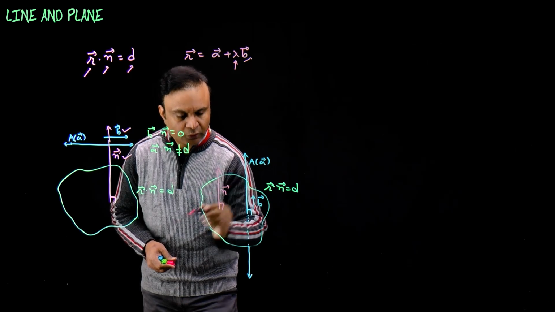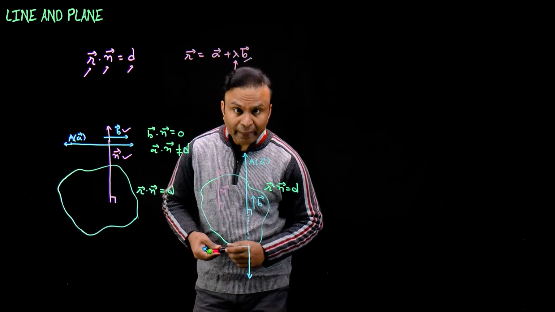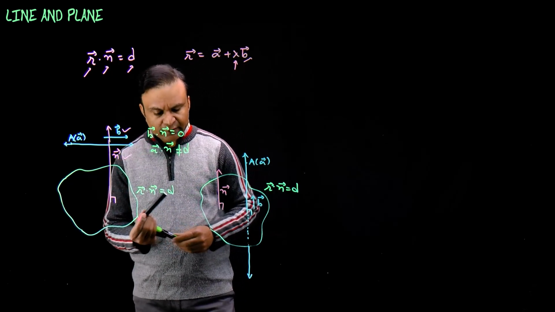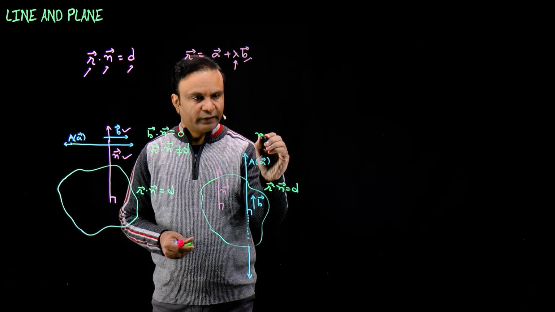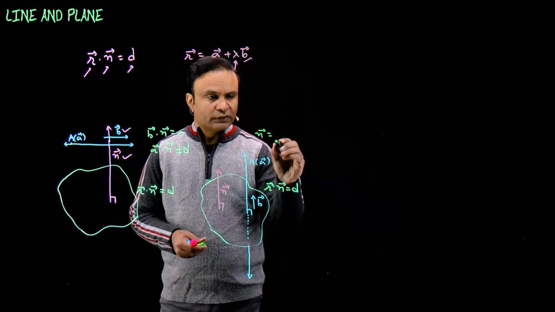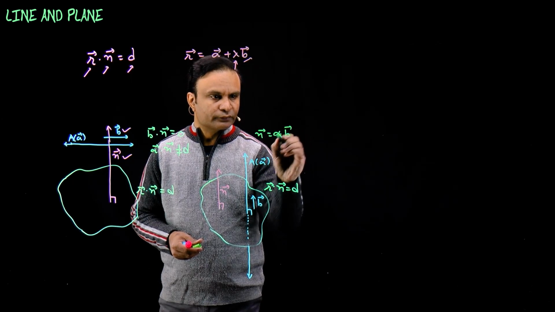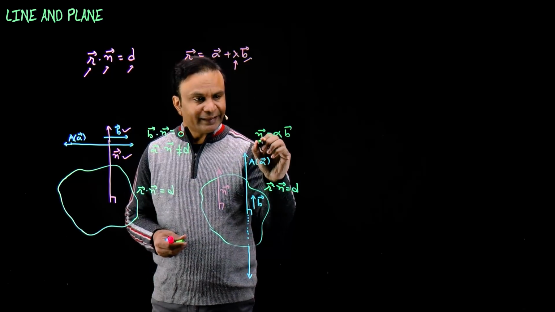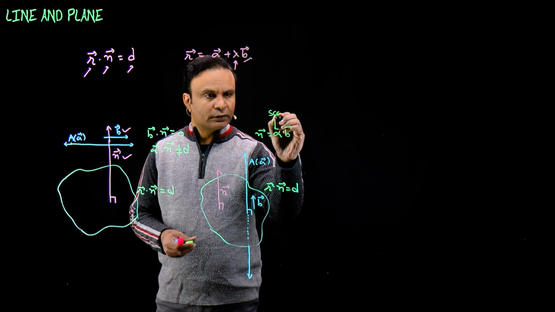Okay, now here we can see that this vector n and b are parallel. For that, the condition you can write this way: vector n is equal to some constant alpha times b. Because these two vectors are parallel, so we can write n is equal to alpha times b, where alpha is scalar.